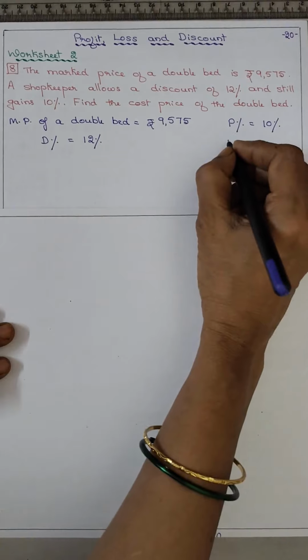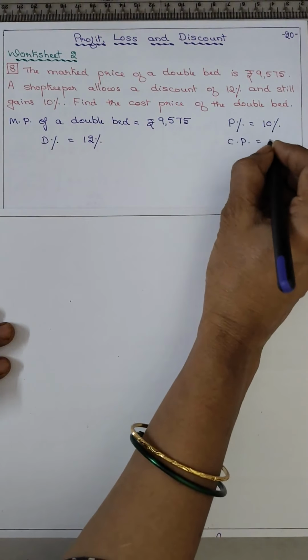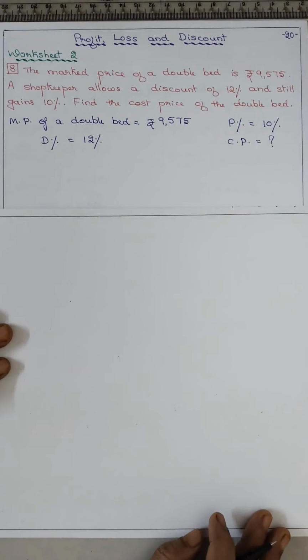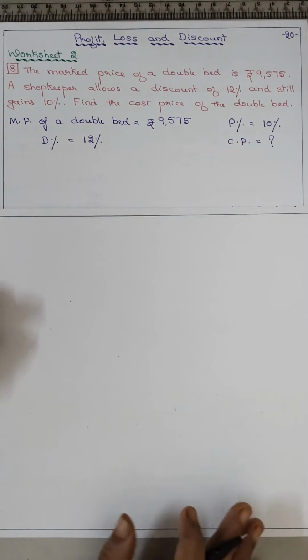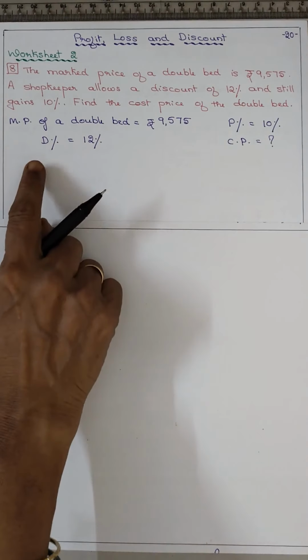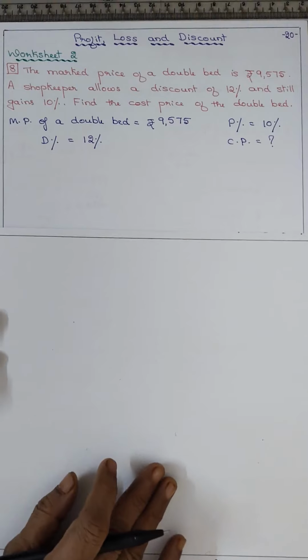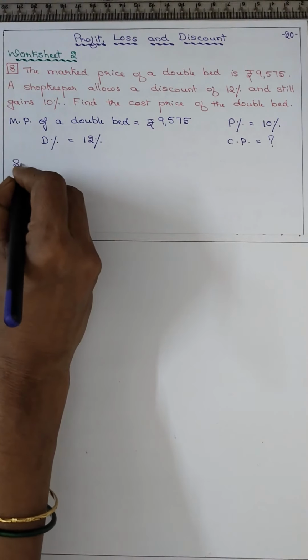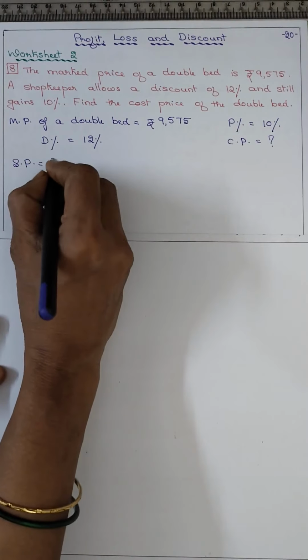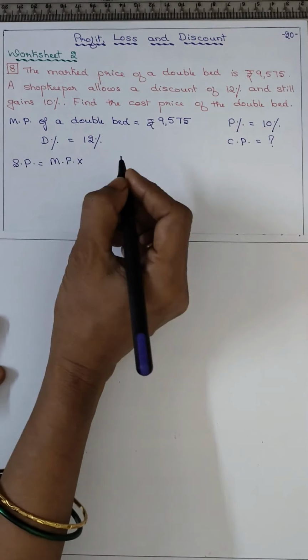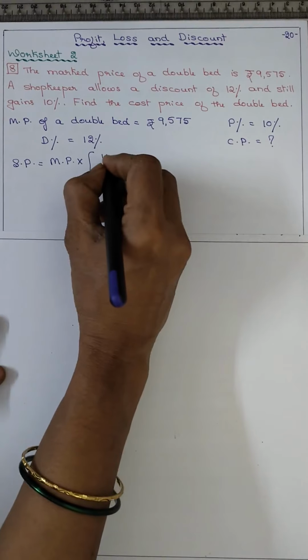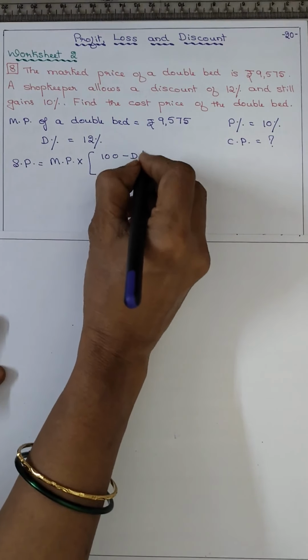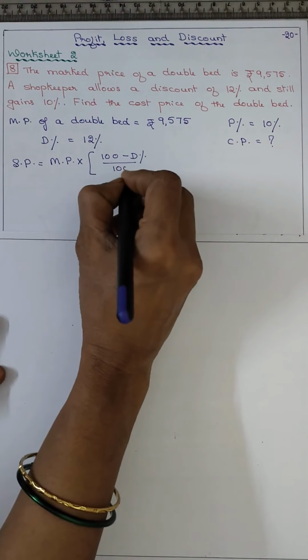Now, to find out the CP, what is needed? SP. So, from where will we find it? From MP and discount percent. So, what is the formula? SP is equal to MP into (100 minus discount percent) upon 100.